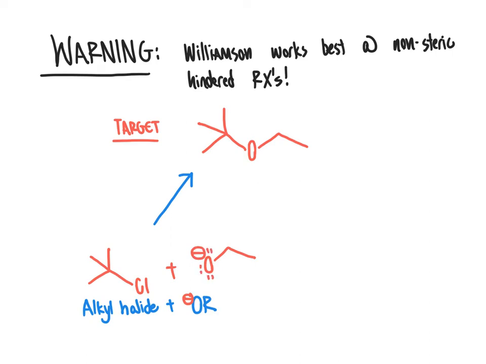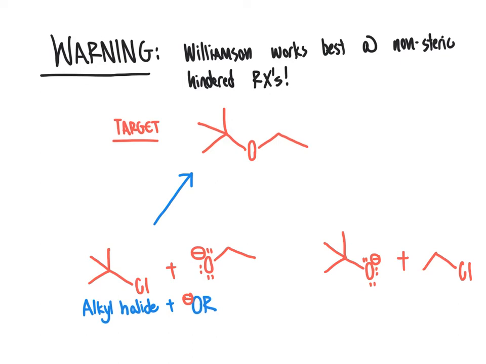Or alternatively, another way to do this would be to place our oxygen atom here to give us tert-butoxide, reacted with ethyl chloride or ethyl bromide, whatever you want to do, in a Williamson ether synthesis. One of these two ways would work really well. The other way would not work well at all.